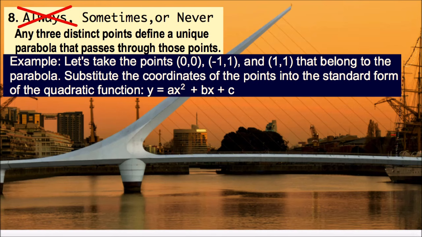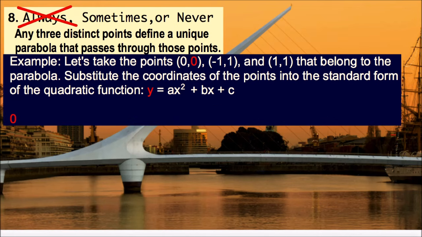Substitute the coordinates of the points into the standard form of the quadratic equation y equals ax squared plus bx plus c. So, taking the first point, 0 equals a times 0 squared plus b times 0 plus c. Thus, c equals 0.